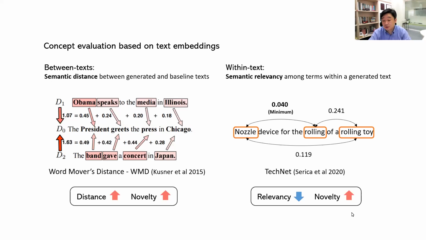The relevancy scores are drawn from a pre-trained large technology semantic network, TechNet, which contains more than 4 million technical terms and their pre-trained semantic relevancy scores. We leverage TechNet to provide those semantic relevance scores to evaluate the novelty of any AI-generated text in terms of the novelty of the concept it represents.